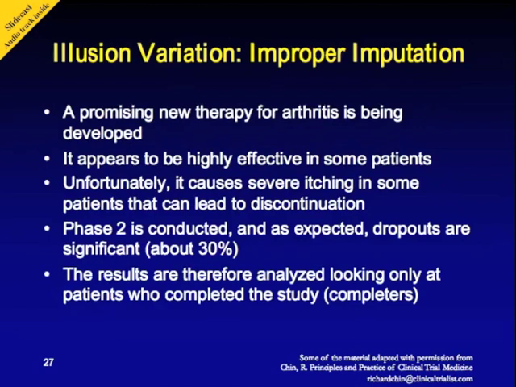So in this example, let's say you're developing a drug for arthritis, and it seems to be very, very effective, at least in some patients. But it has a side effect of severe itching. And when you do the phase 2 study, the itching is so bad that 30% of the patients drop out. So given that the dropout rate is so high, you decide to do the analysis only using completers.